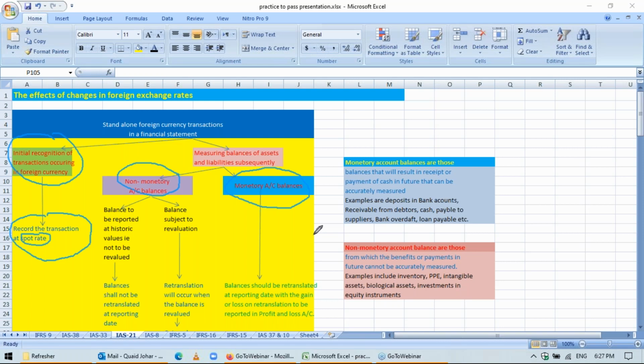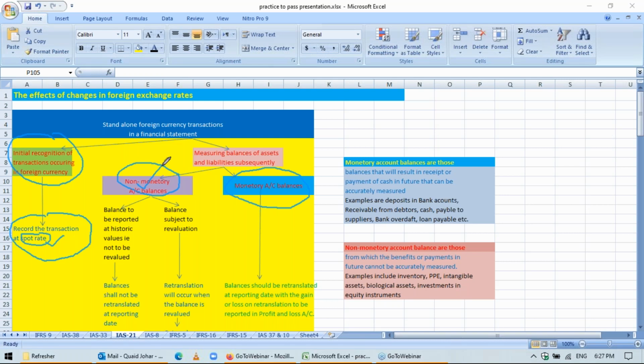You will have to convert the dollar price of the building into rupees first, at the time of acquisition at spot rate. Now after 1 year, suppose the dollar gets expensive, right? What will you do at that time? First you will think whether the asset is a monetary asset or a non-monetary asset. The building is a non-monetary asset coming under purple.